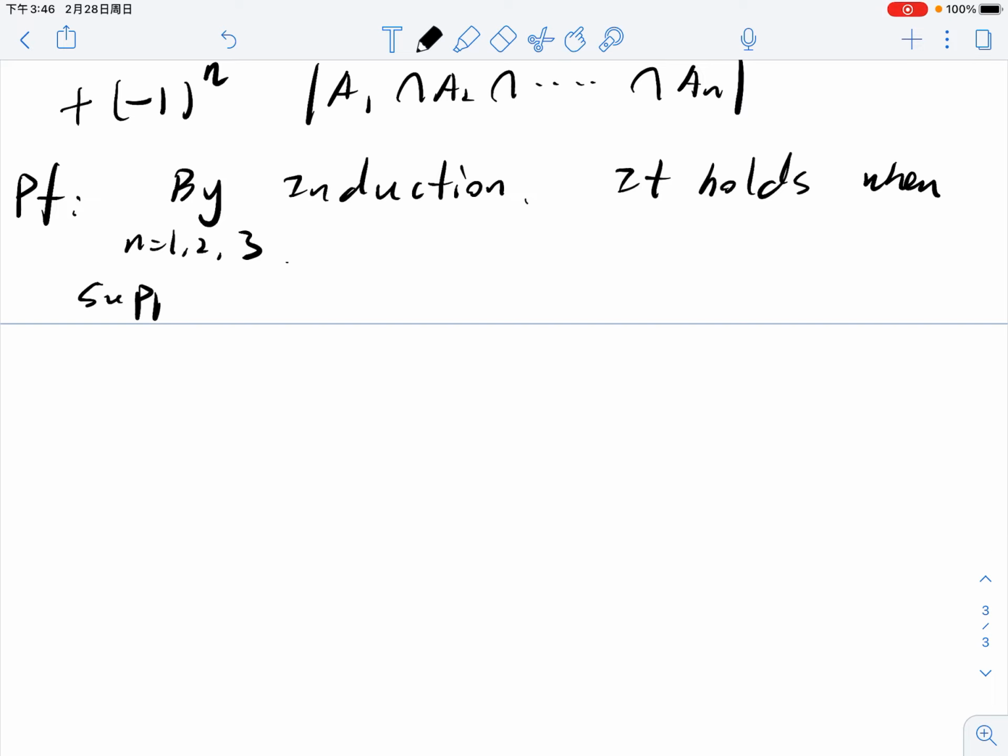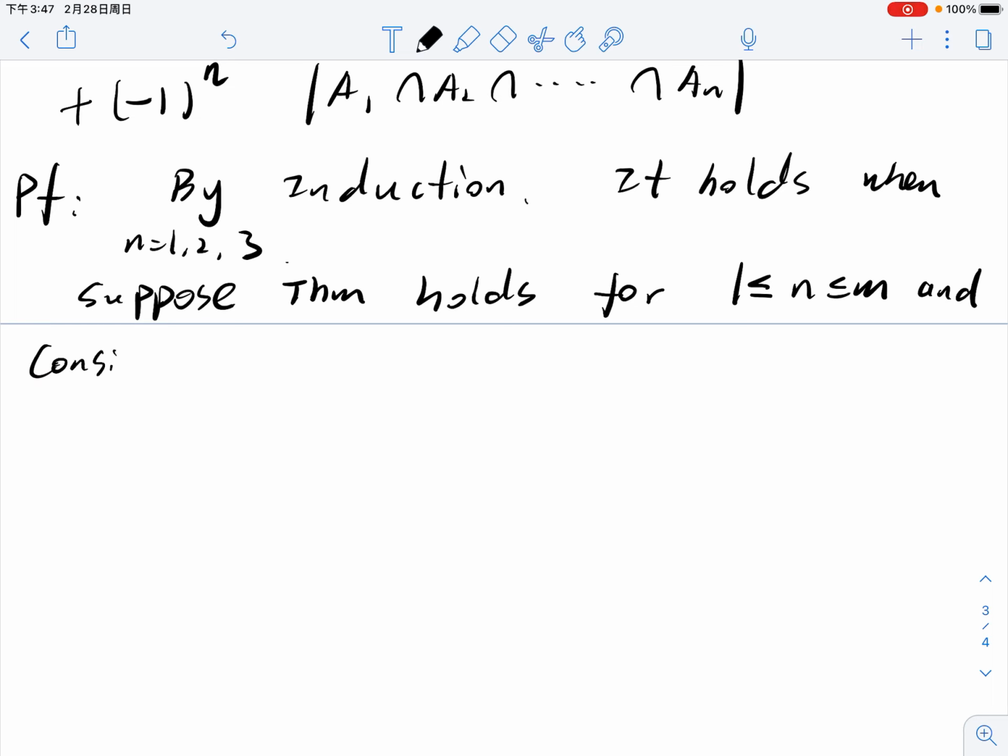And now suppose the theorem holds for any m between 1 and m, and then we consider the case n equals m plus 1.